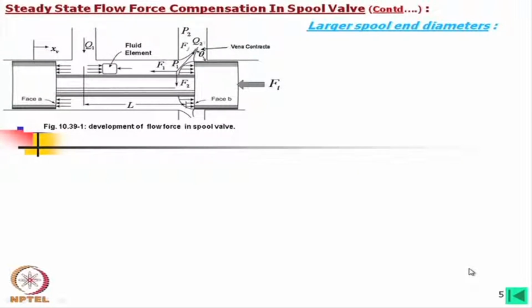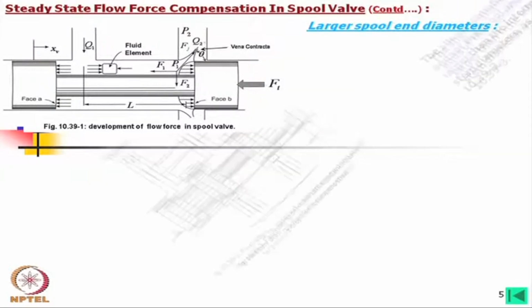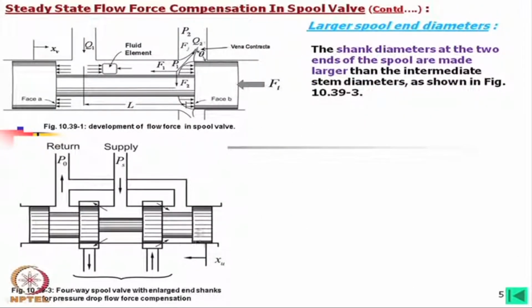Now, a larger spool end diameter is also another solution. What is it? We can make this land diameter more. Also, the stem diameter, as you see here, is more than what is at the middle.